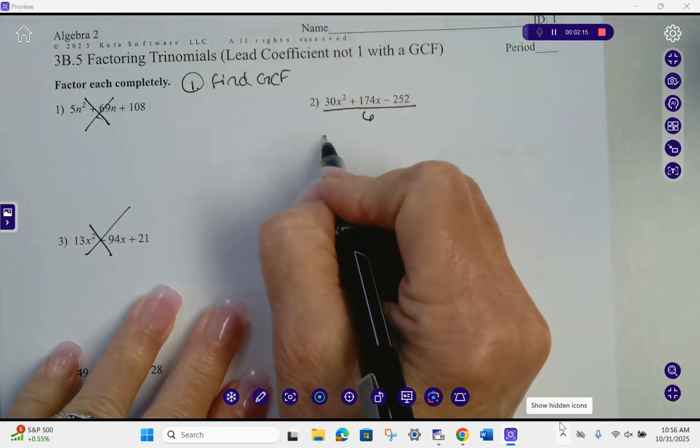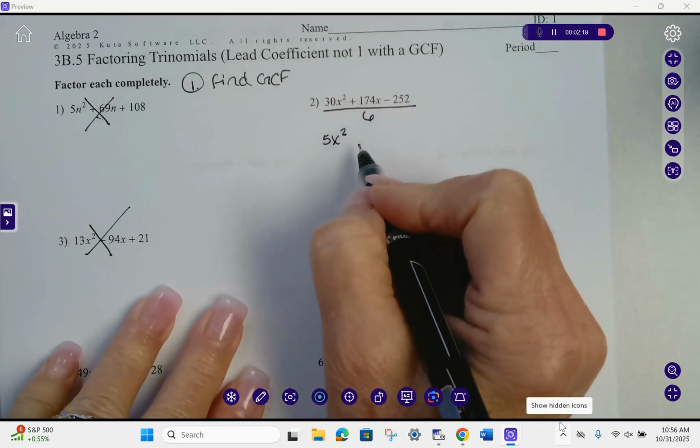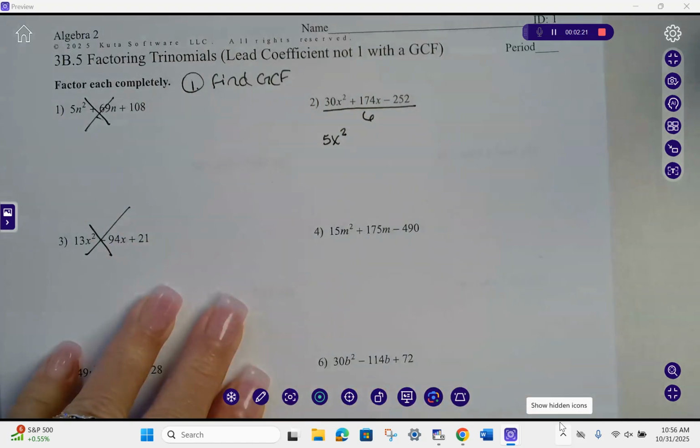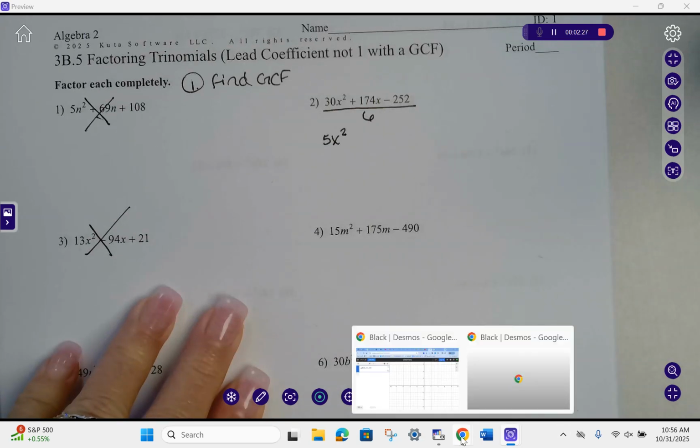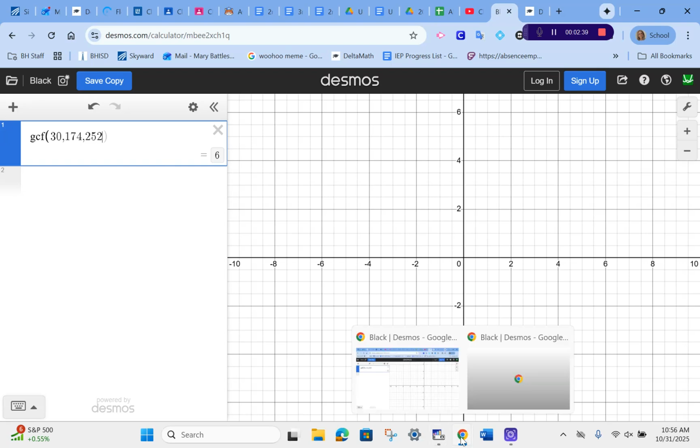30 divided by 6 is 5x squared. 174 divided by 6 is, wait a minute. 30, 174, and 252. Interesting. I did this totally different whenever I worked on this myself.